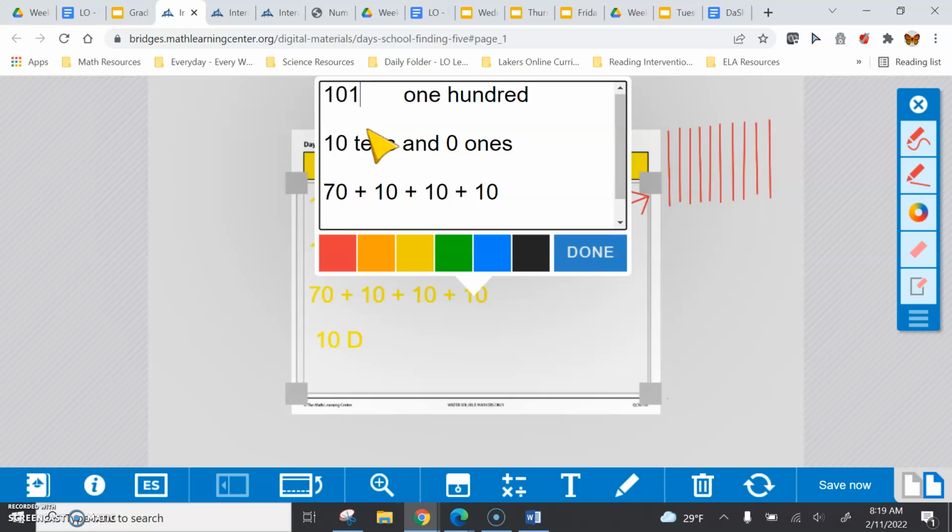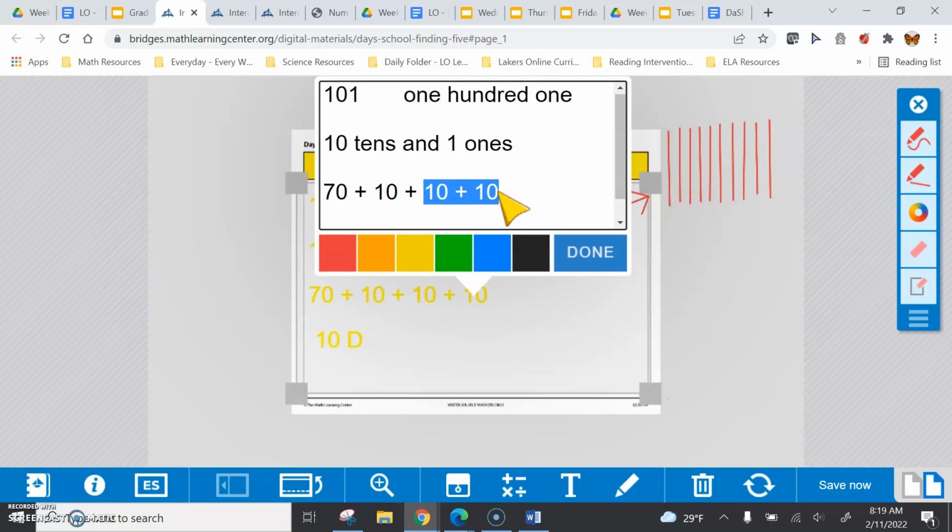So now we have to show 101. Again, I remind you, these are 3 numbers. We do not write 1001. It's only 3 numbers. 101. We talk about that place that 1 is in the first place, 0, and then 1. 101. We have 10 groups of 10, and now we're going to have 1 single cube by itself.